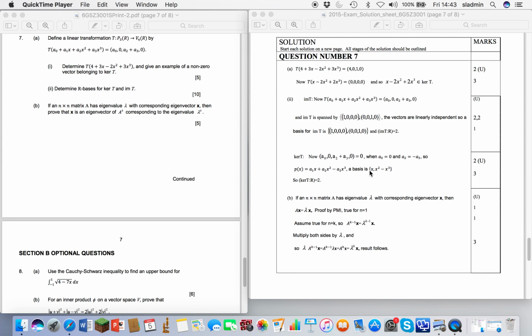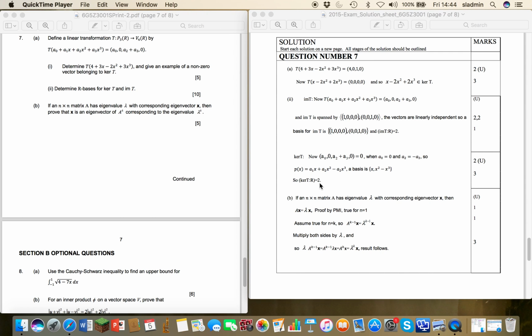The first one is x, and the second one is x squared minus x cubed. And obviously, again, these two vectors are linearly independent. So straight away here, I've said that these two vectors form a basis for the kernel. So therefore, the dimension of the kernel over the reals, again, in this case, is equal to 2.